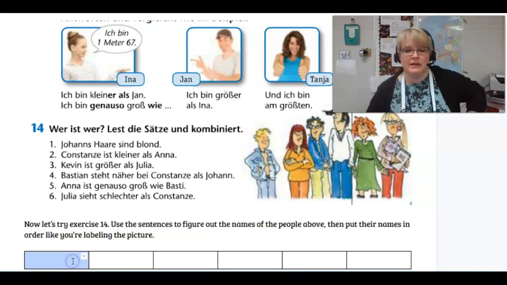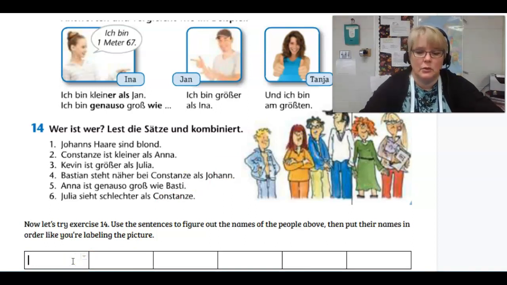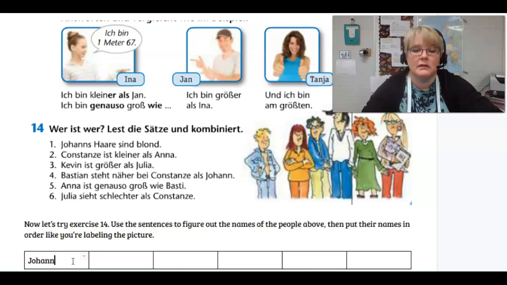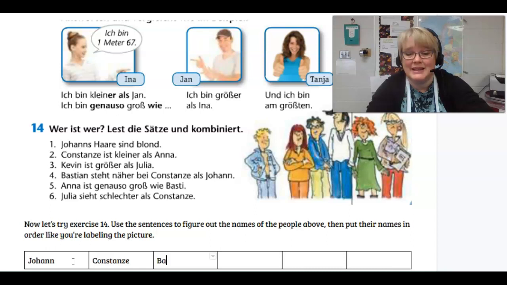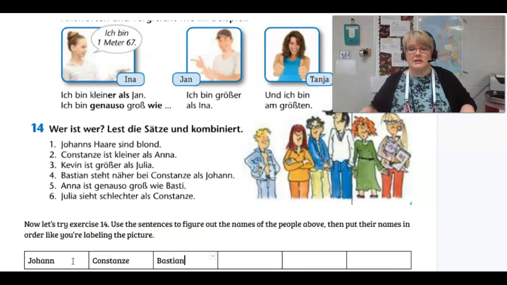So that would give us Johann, and then Constanze, and then that would mean that the next one is Bastian, because he's standing closer to Constanze than Johann is.